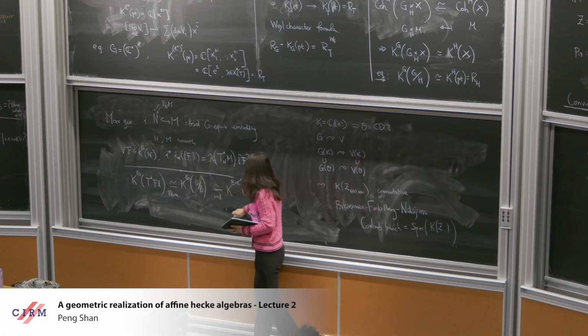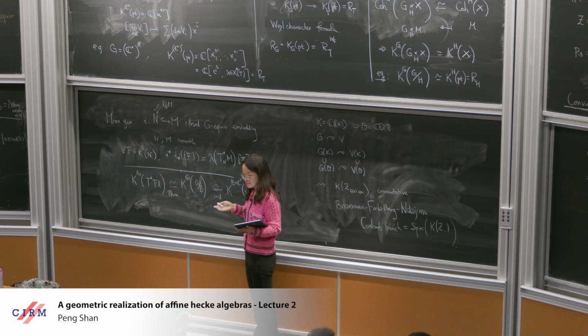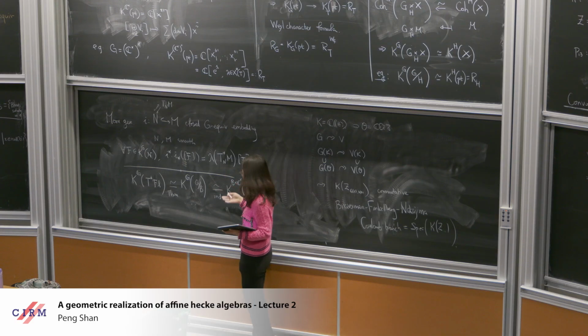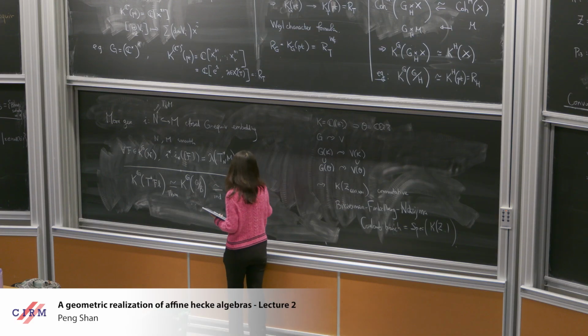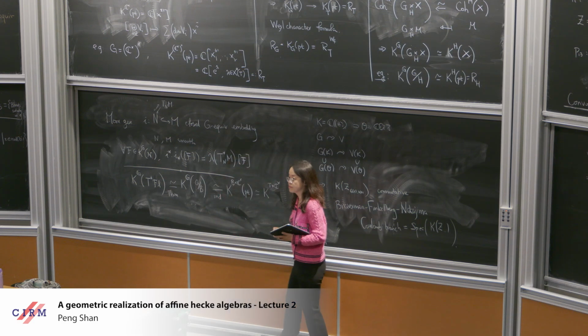But for B representations, it has the same simple objects as T representations. You just get non-trivial extensions. But when you go to the K group, you forget about the extensions. You only remember the size of your modules. So actually, this is the same as K of T times C star.